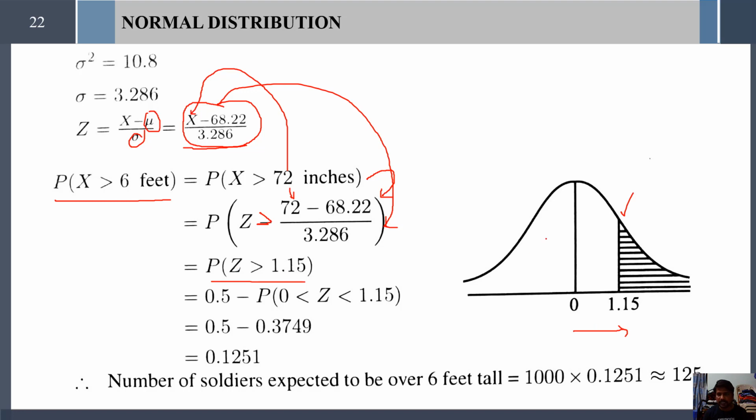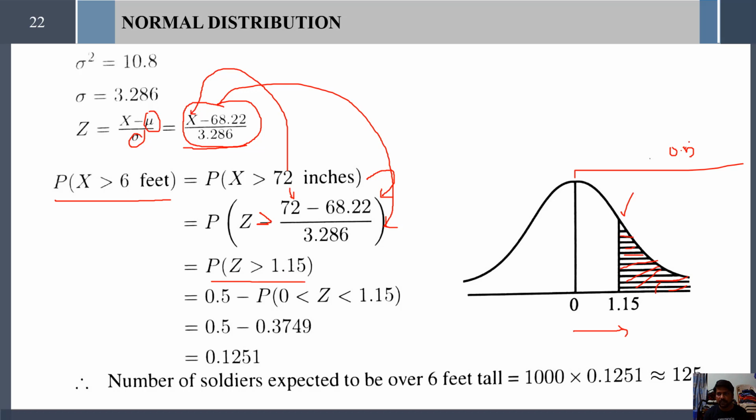Now z greater than 1.15 means this is the area we have to calculate. So to use the standard normal table, as usual, we have to touch the origin. Therefore its entire area is 0.5. We know this.